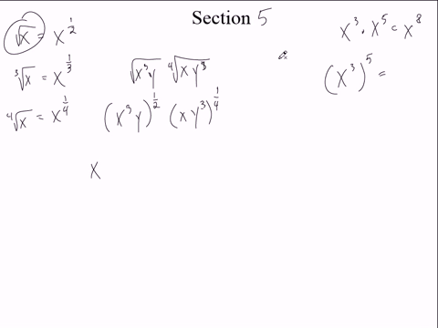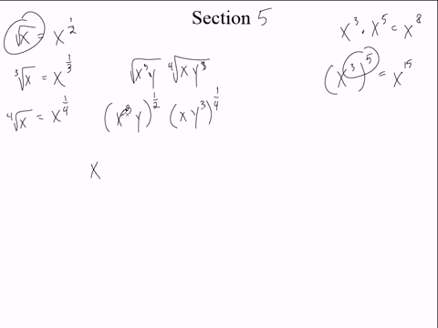You'd multiply these together. When you have an exponent being taken to another power, you multiply the exponents together. So that would be x to the 15th. You recognize those rules? They're basic rules. In Algebra 1, you learn those rules.